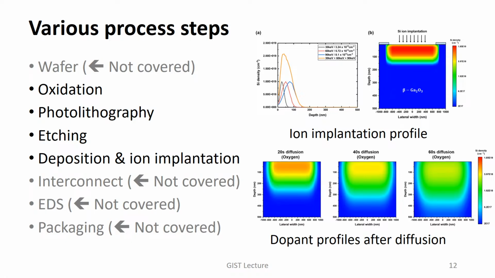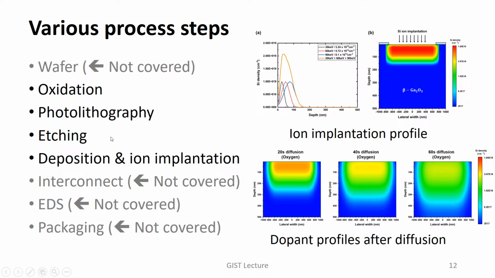However, since photolithography is so important, it is usually done by so-called optical proximity correction, so OPC tools. So usually in process simulation, photolithography is just defining a certain geometrical structure of a photoresist. So photolithography is not directly covered in this semester.